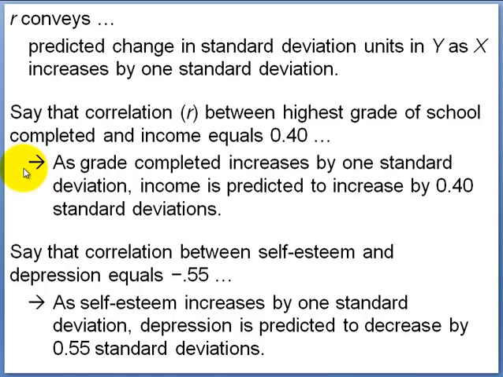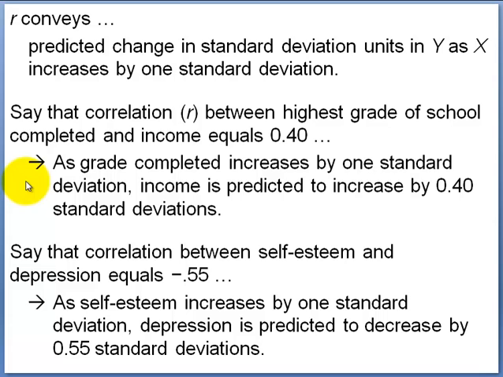But think about this top example. Here, it's clearly the case that grade of school completed is your independent variable, and income is your dependent variable. And since we've got straightforward independent and dependent variables, it really only makes sense to talk about the relationship in a given direction, and that's the direction that's presented here.